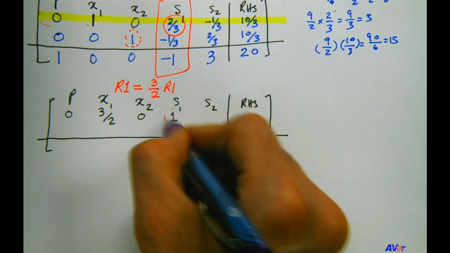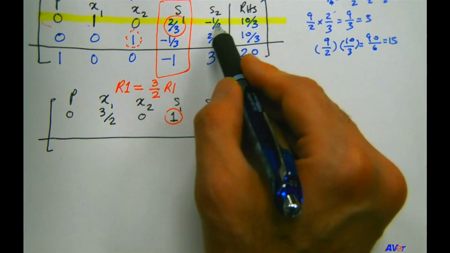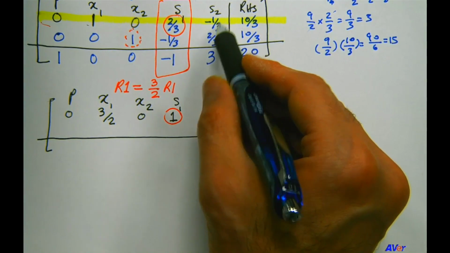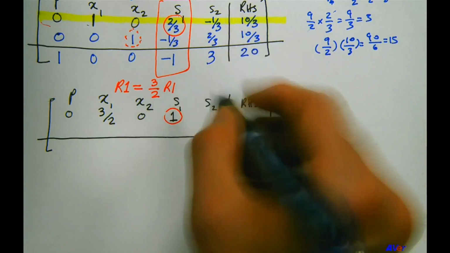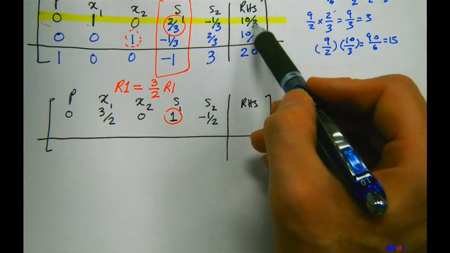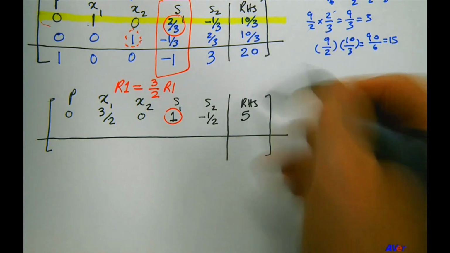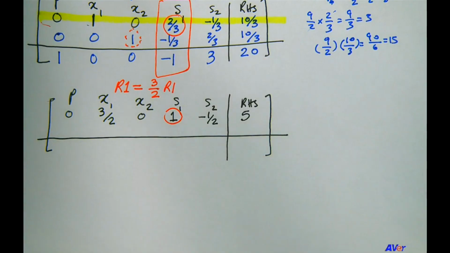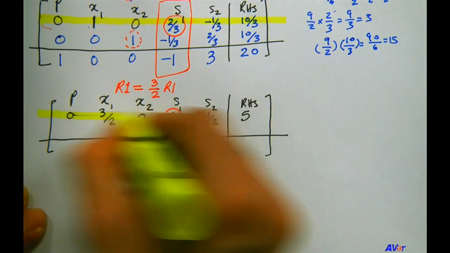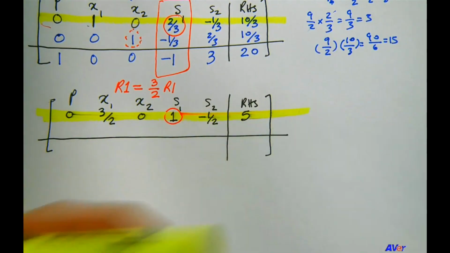And so that's our pivot element. 3/2 times minus 1/3, right? That would be minus 1/2. 3/2 times 10/3, that'll be 5. Okay, so this whole row, it's going to be our pivot row.